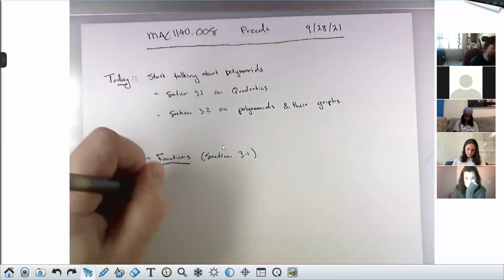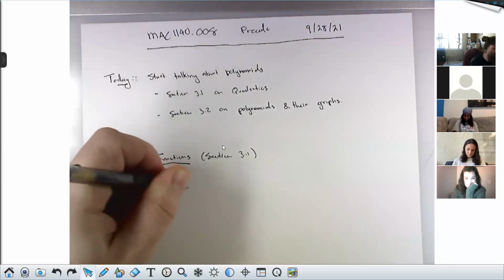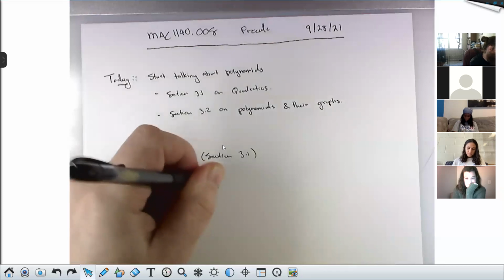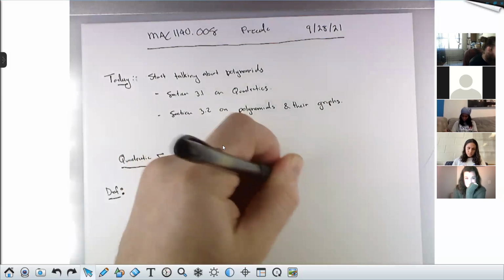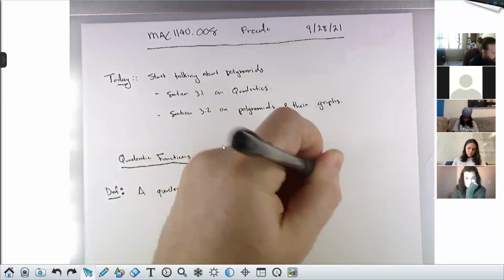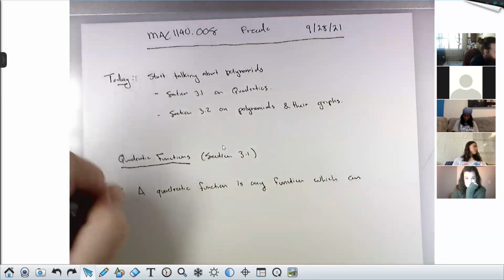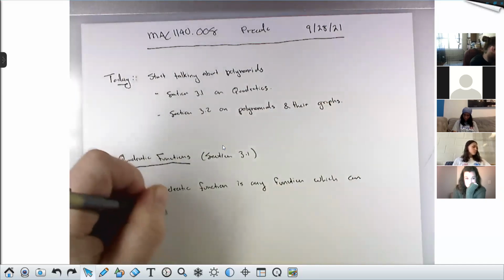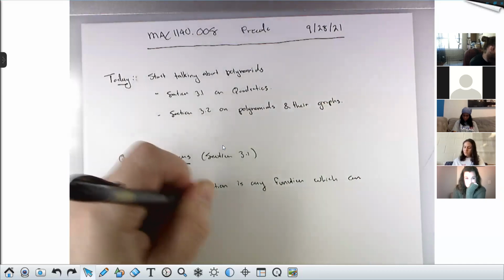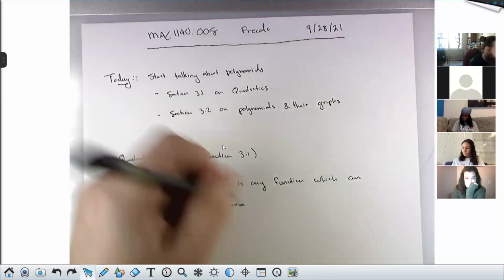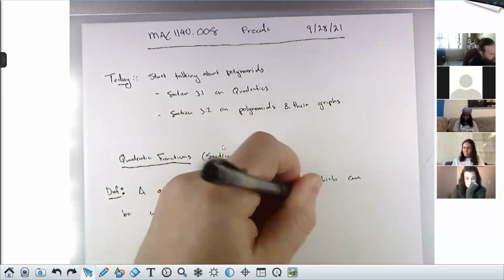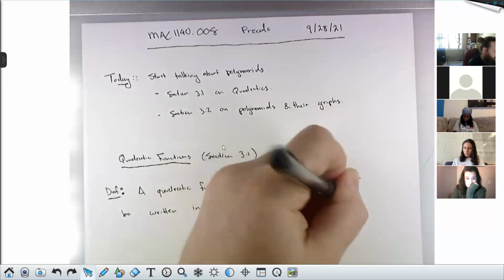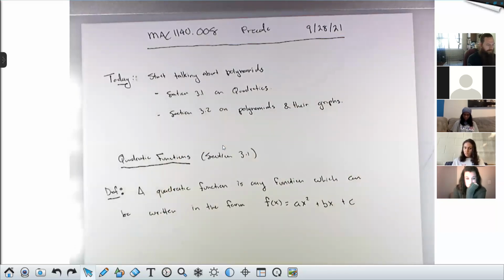I would say a quadratic function is any function which can be written in the form, let's say f of x equals ax squared plus bx plus c. Right, this is certainly something we've all seen before.